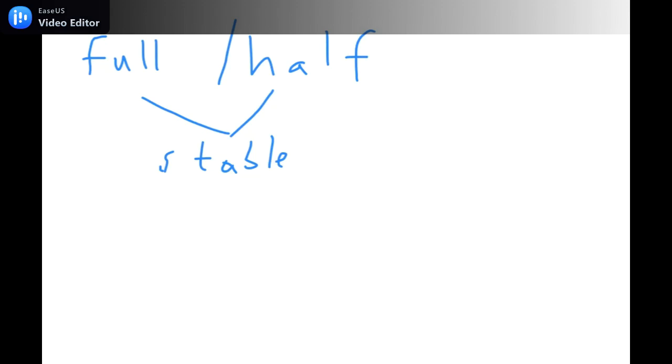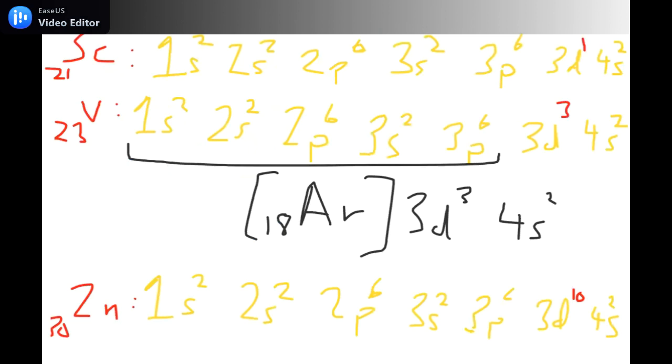Now to explain this, over here, in the first case, the 3d orbital is neither half-filled nor full-filled. And to get stability, one electron can be moved from one orbital to the next.